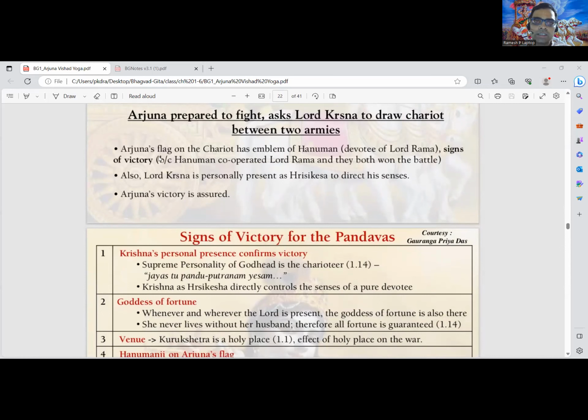Arjuna's flag on the chariot had the emblem of Hanumanji, right? Because Hanumanji helped Ram in the victory. So wherever we have the signs of Hanumanji, we have the victory sign.